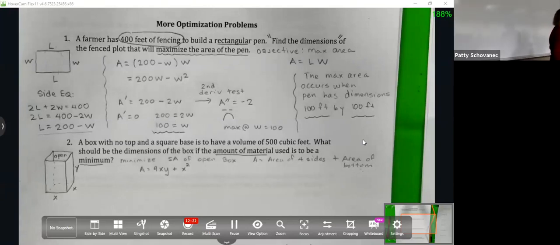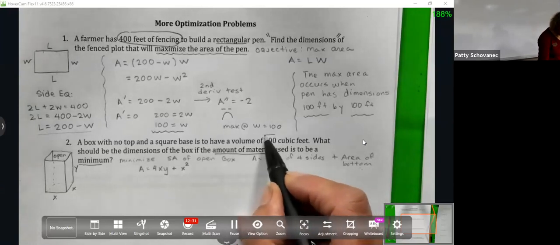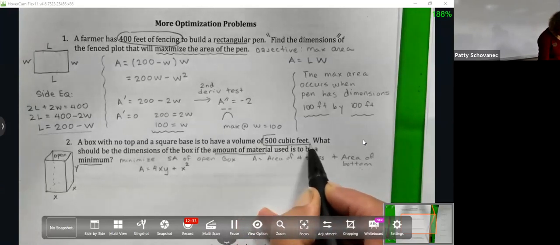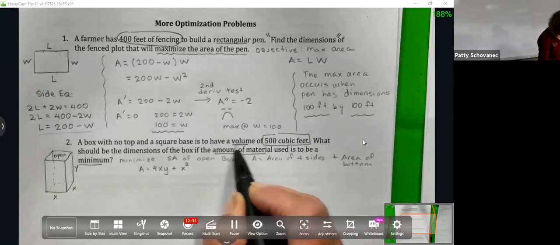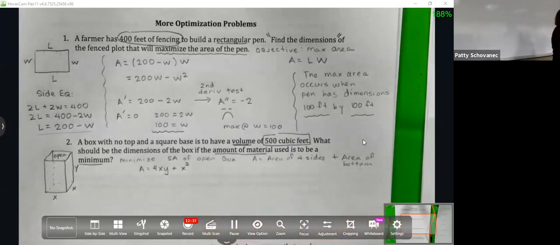So our objective function has too many variables. So we go back and find a number we haven't used yet, and that is this one. That's a volume. How do you find the volume of this particular box?